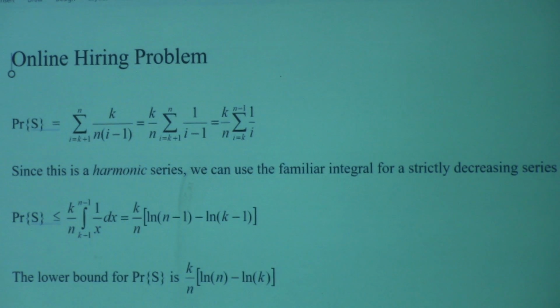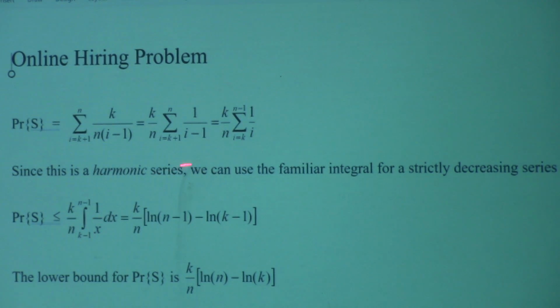But we know how to solve the summation. It's the same harmonic series. So we can use the same integral for a strictly decreasing series, as we just used in part 1, which is the ordinary hiring problem. Probability of S is going to be less than or equal to k over n times this. And this is going to be approximated by the upper bound of this one.